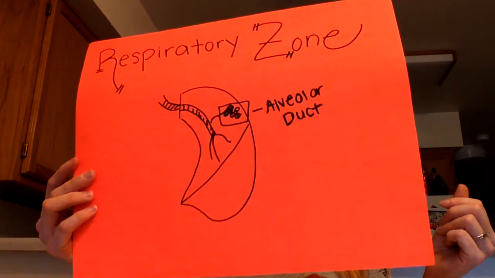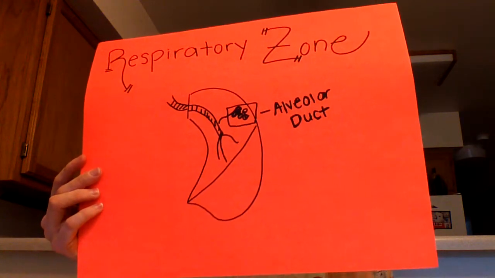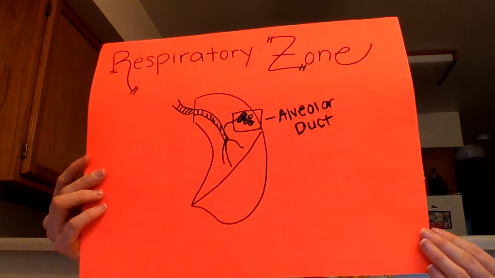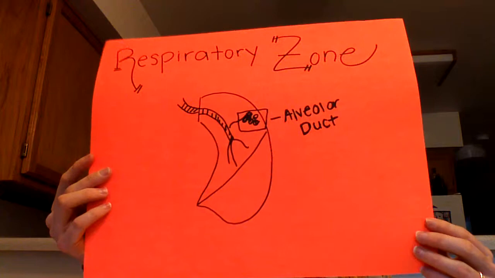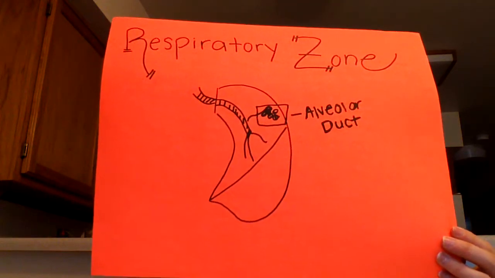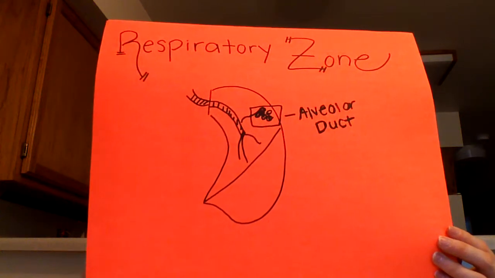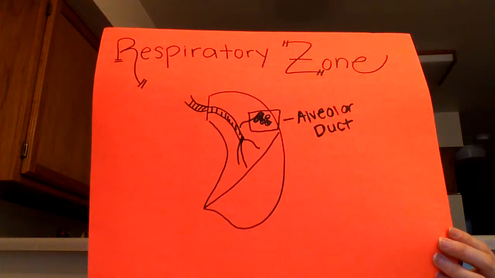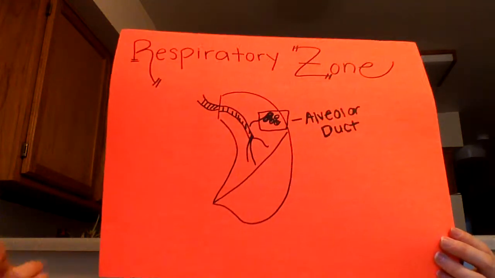So as soon as the air passes through the larynx and the voice box, and then to the trachea, the windpipe, you're going to switch to the respiratory zone, because the main bronchial passageways subdivide the lungs into smaller and smaller airways. And finally, the individual air sacs called the alveoli, where oxygen enters the bloodstream.